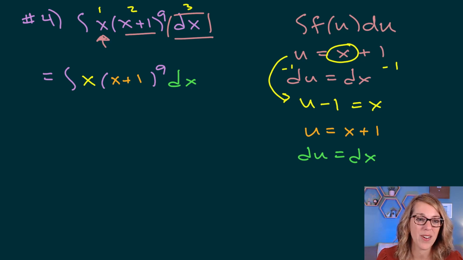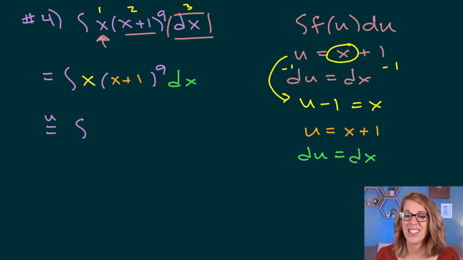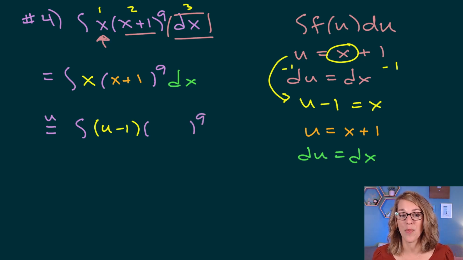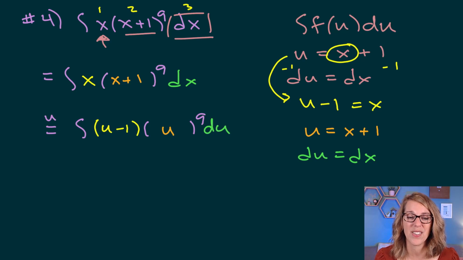Let me see if I can keep track of all of these colors. So in terms of u, x is equal to u minus 1, in parentheses, u minus 1. And then I've got my value to the 9th power, that's x plus 1, my original u. And then on the end, I've got dx, and dx is now du.